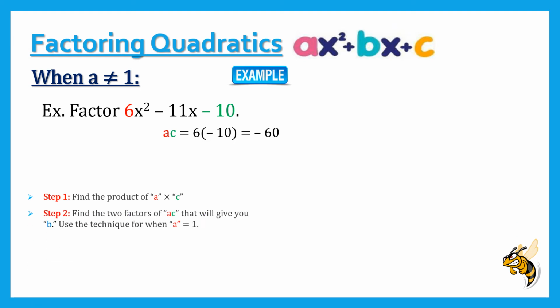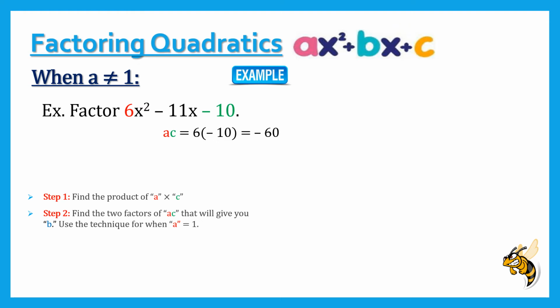We need to find the two factors of a times c using the technique for when a is equal to 1. So what do I want to know? I want to know two numbers that multiply to give me 60, but if I subtract, it is equal to 11.